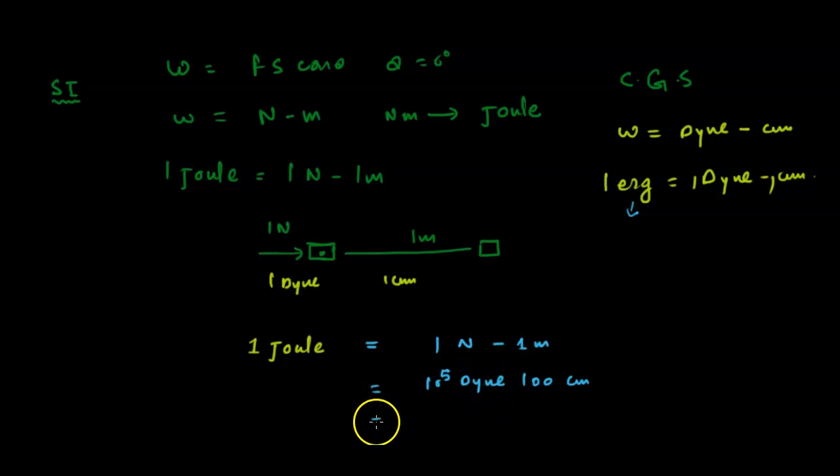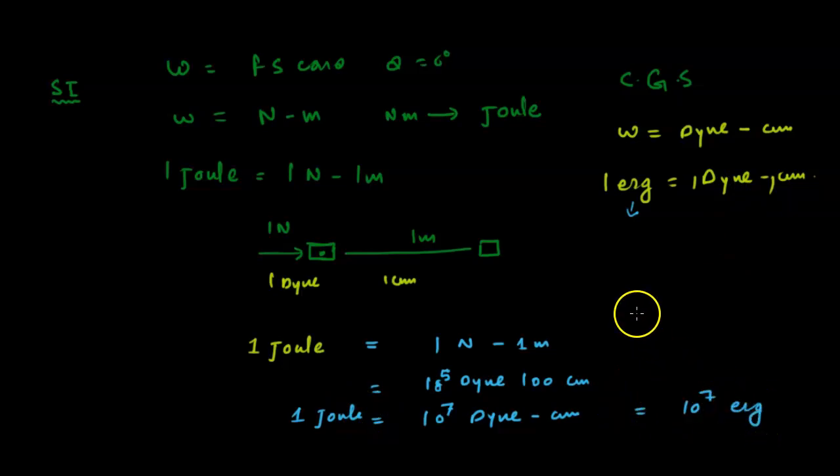So instead of writing this, we can write 5 and including 2 zeros, this will be 7 zeros. 1 joule equals 10 to the power 7 dyne centimeter, and we know dyne centimeter is equal to erg, so we can say 10 to the power 7 erg. So we came to the conclusion that 1 joule is always equal to 10 to the power 7 erg.